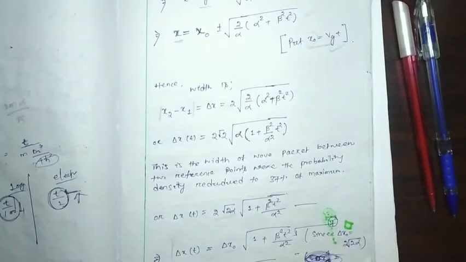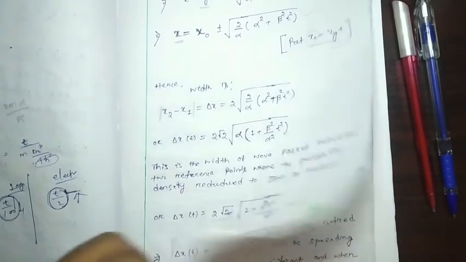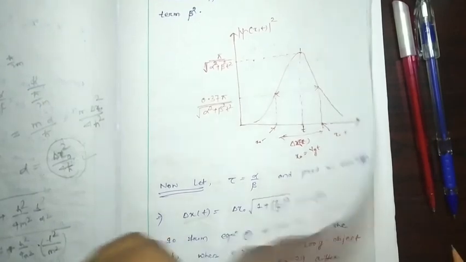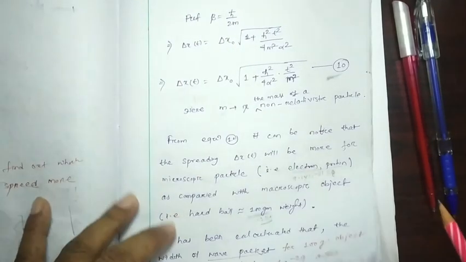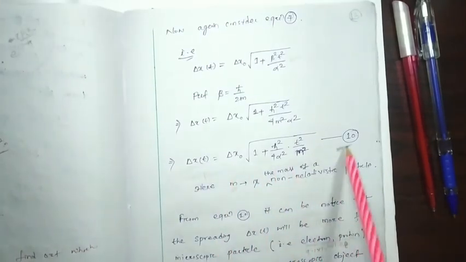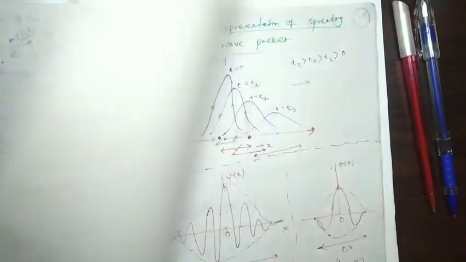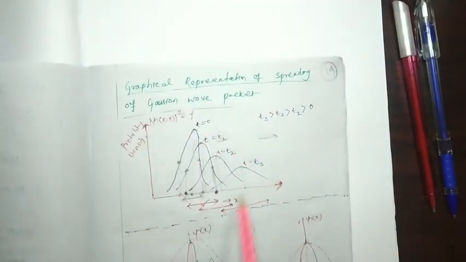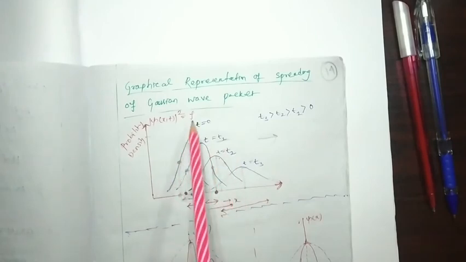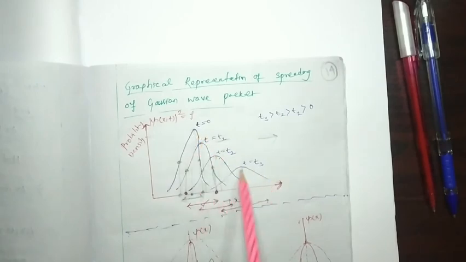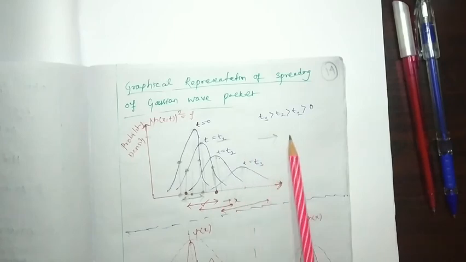So if the question asks how it spreads with respect to mass, then equation number 10 is required, and you have to draw this figure with time: how the initial wave packet spreads with time, with decreasing maximum probability density.